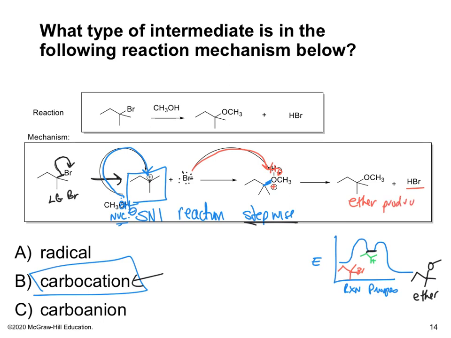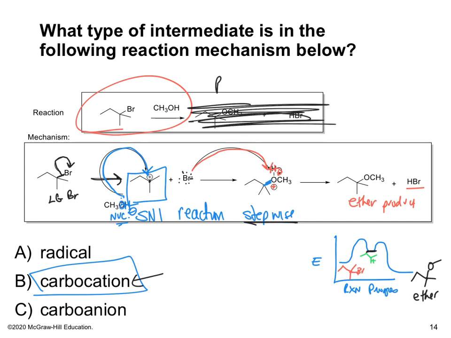Now, your goal: you're going to be given something like this, and then you won't have any of this. You have to be able to predict the major organic product. Major organic products, folks, are the ones that have the carbon.